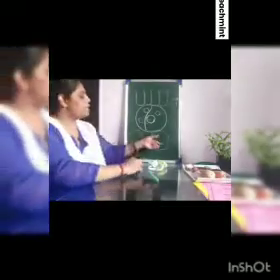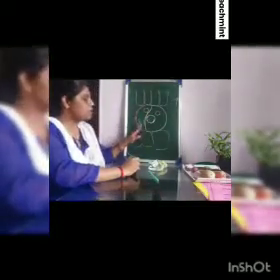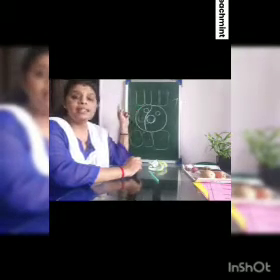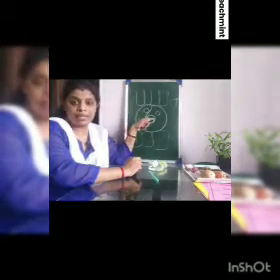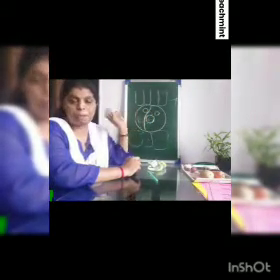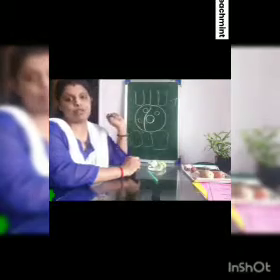Between the palisade layer and the spongy layer, there is a bundle sheath, and this bundle sheath comprises some kinds of tissues, basically four types of tissues.